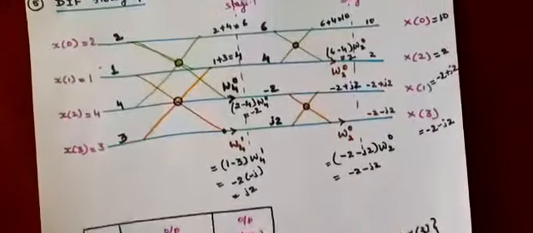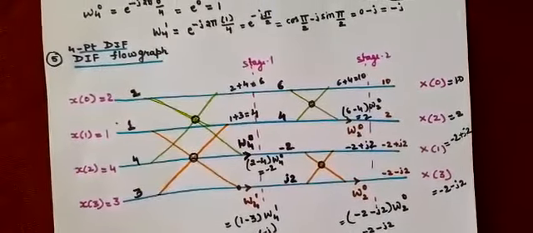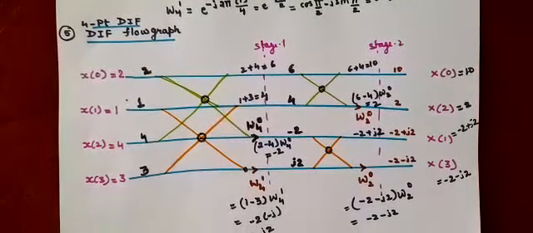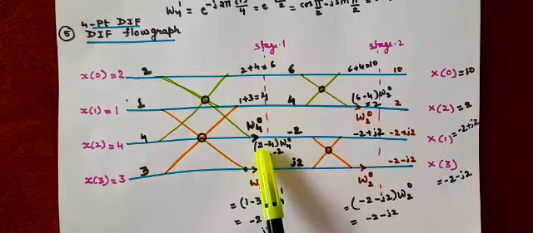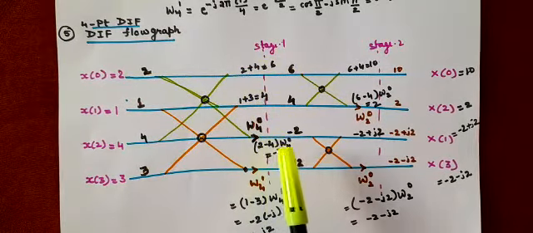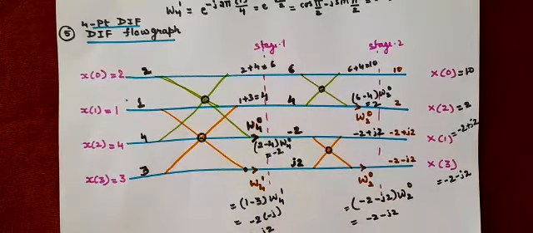I hope the solution is clear to you all. The equation is very clear for DIF: the upper line equation is A plus B, and the lower line equation is A minus B times Wn to the power k.